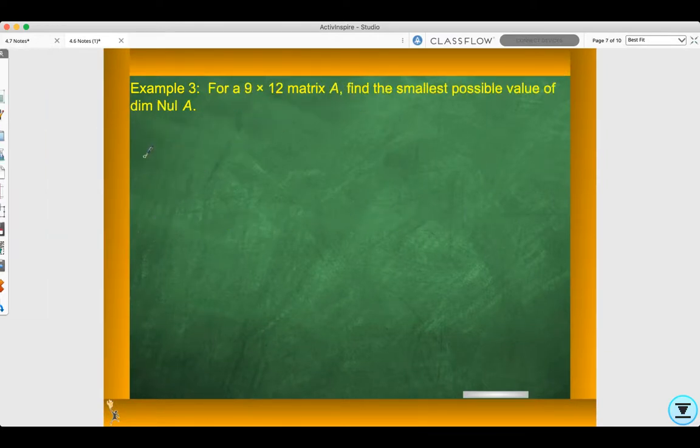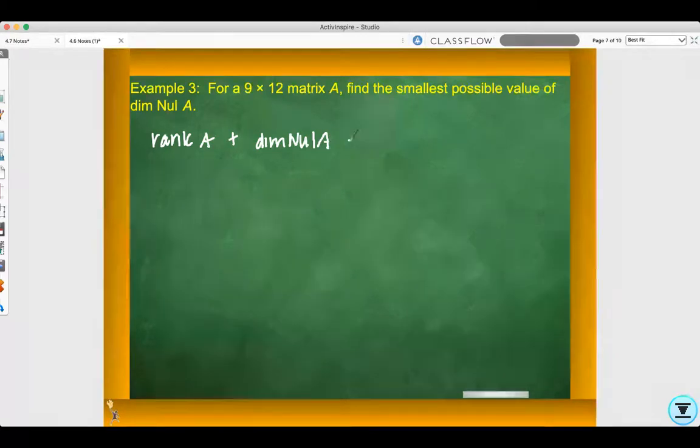For a 9 by 12 matrix A, find the smallest possible value of the dimension of Null A. So we need to go back to our formula: rank A plus the dimension of Null A equals n. Well, we know n is 12.